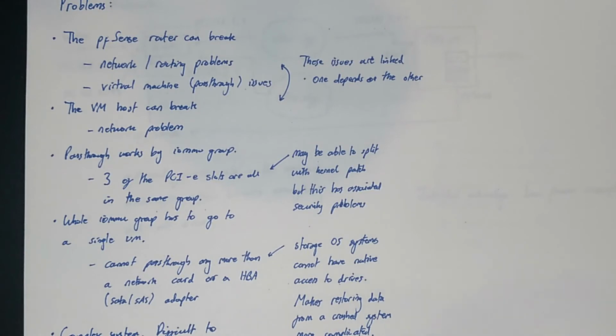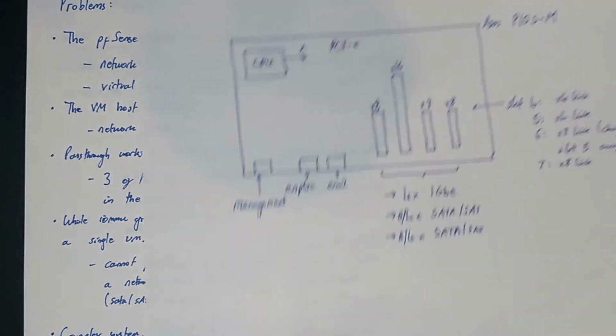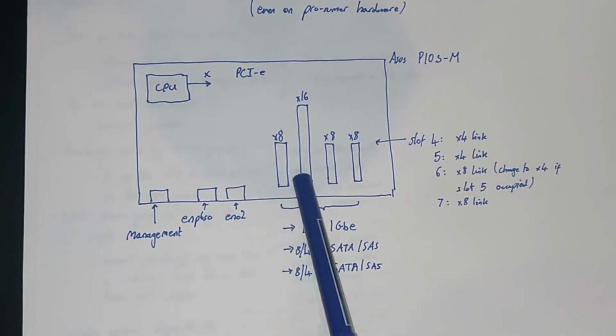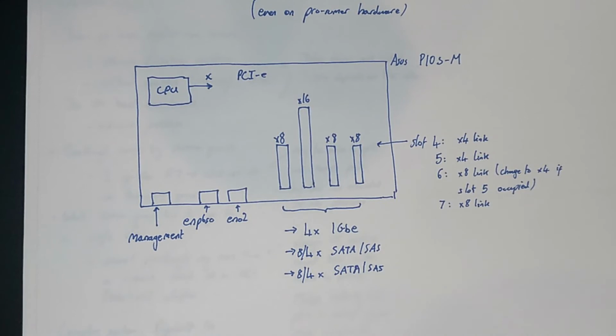The pass-through then, with the IOMMU groups: 3 of the PCIe slots are all in the same group. What that means is you may have plugged in 4 separate PCIe cards into these slots on the motherboard, but if you try to pass through either this one or this one, you have to pass through all of them, which means they're no longer accessible to the hypervisor.